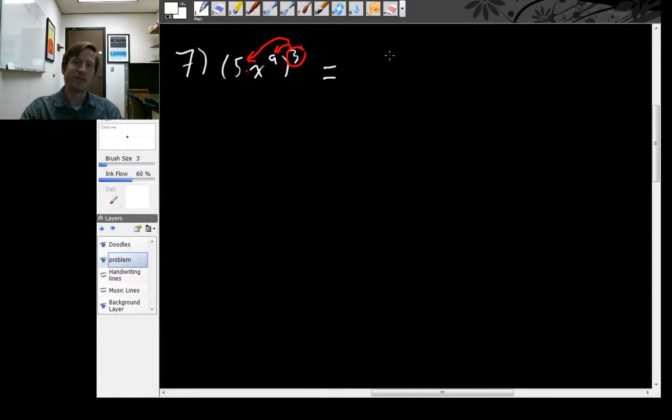So this becomes 5 to the third times x to the 9th to the third. Okay, 5 to the third is 125, and then x to the 9th to the third.